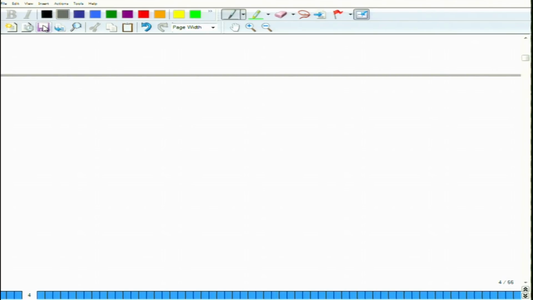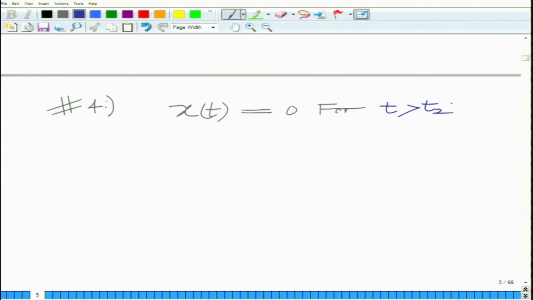Now, let us look at a left handed signal. For a left handed signal, everything becomes the opposite of what we said so far for a right handed signal. So, x of t equals 0 for t greater than t2, where t2 is greater than minus infinity, that is, t2 cannot be minus infinity.